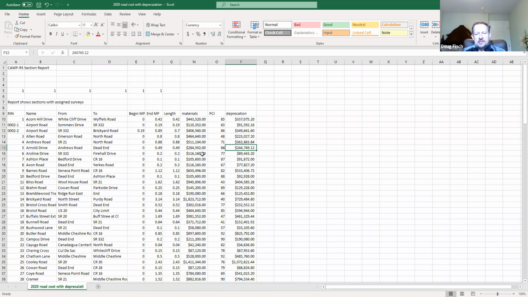Just looking at the spreadsheet, I can tell you off the bat, I think the depreciated value that Jim is suggesting here is about 43 million. I think our capital assets currently are 52 million. Now I know this doesn't include water, but if we show that our assets are $10 million under what we currently value, we have to have a pretty good explanation for that. But this doesn't include buildings.